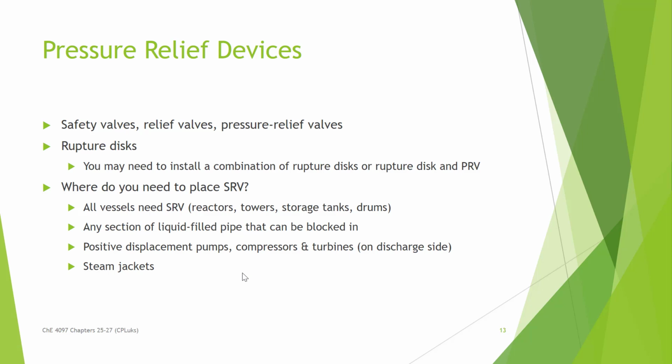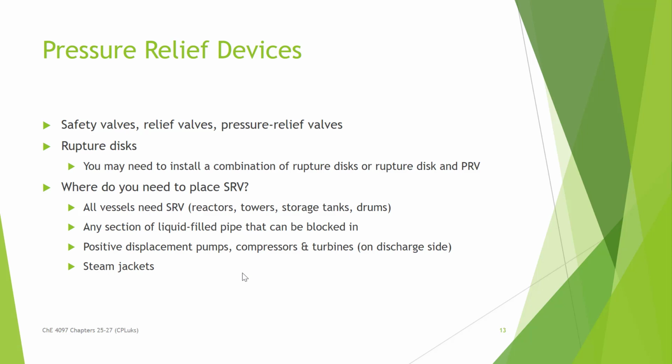Now, where are you going to need to put these various safety relief valves? Every vessel is going to require one. So when I see your final drawings, I want to see a safety relief valve on every vessel. Any section of liquid-filled pipe that could be blocked in needs one, because those liquids could heat up to become a vapor.